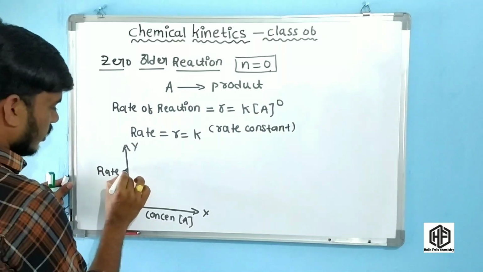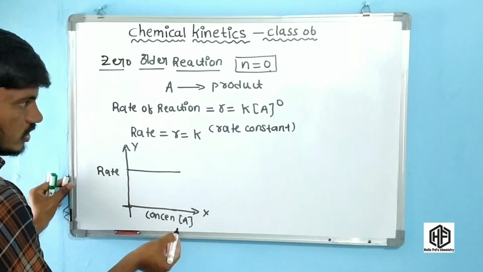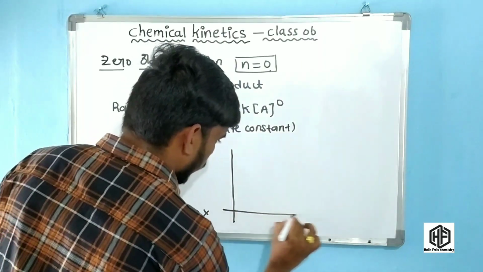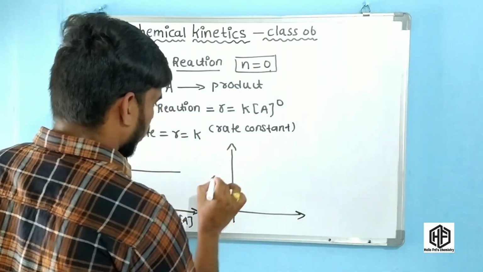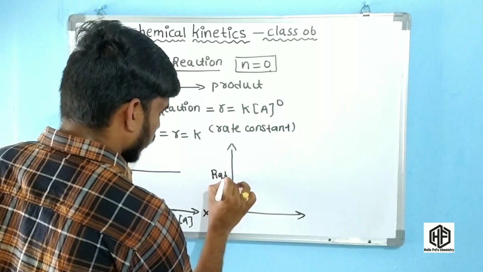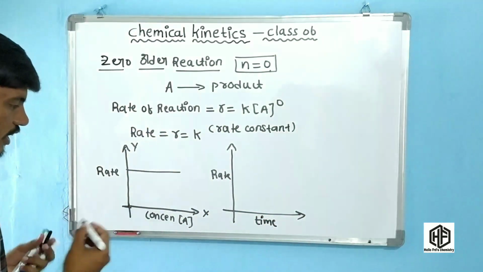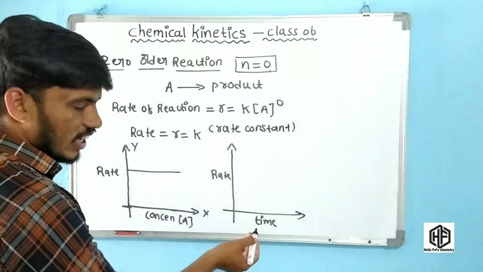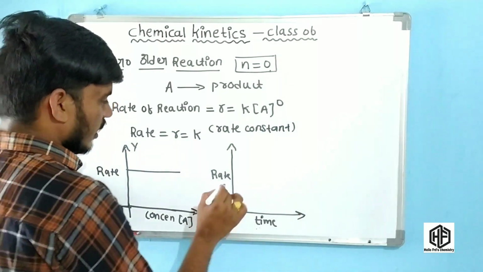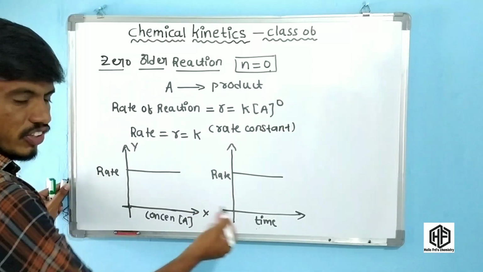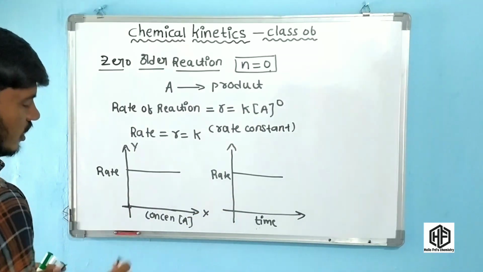It means the rate is constant. It cannot depend upon concentration, and the rate of reaction also cannot depend upon time. Friends, in a zero order reaction, the rate cannot depend upon time. It means the rate is constant with time and constant with concentration.